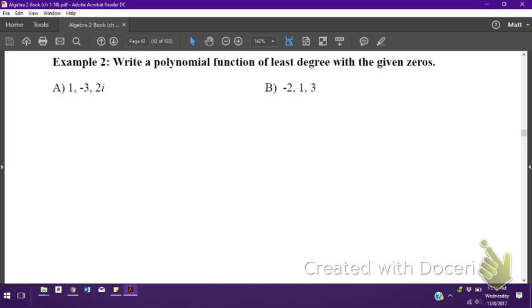On the test, you won't have problems that say 0 or no zeros, but you'll have some kind of solutions. Now on page 2, we're going to do the exact opposite.